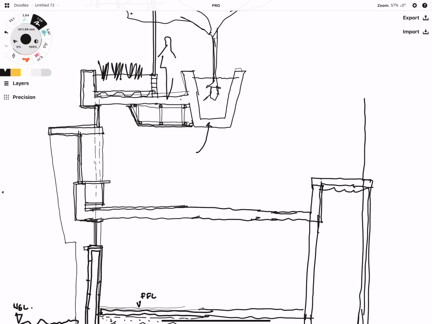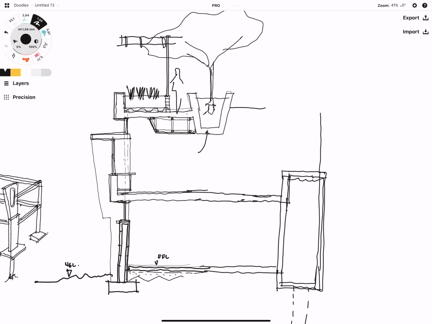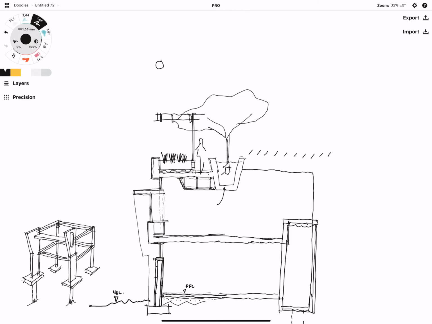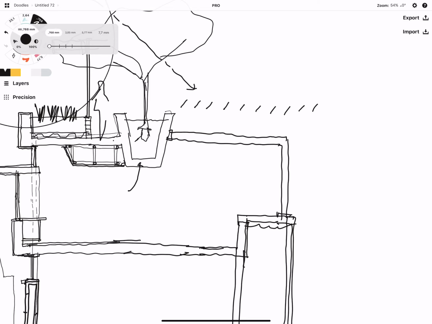Obviously I'm not doing the right line weights. It's a louver system. And the interesting thing with this is that the sun from the north is going to come, so I'm going to shade that glass. And this is glass. This is a louver system.